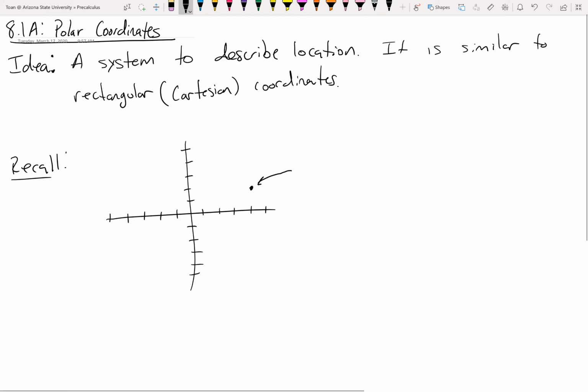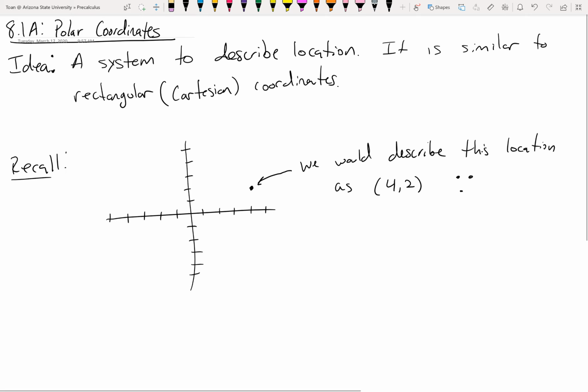And this location right here, that physical point in space, we would describe this location as (4, 2), right? Now, why would we describe this location as (4, 2)?